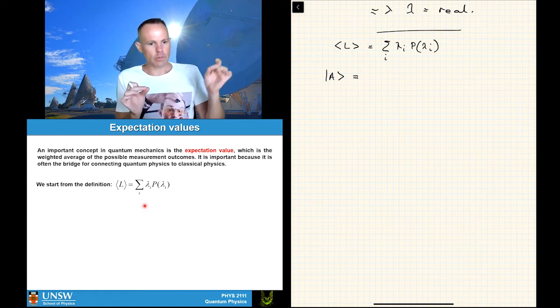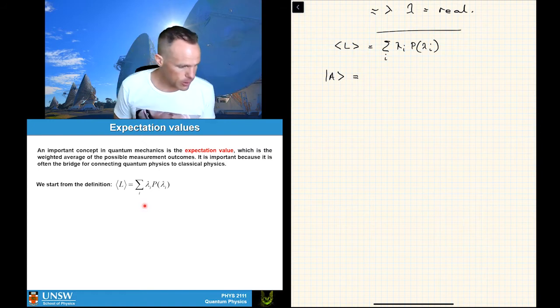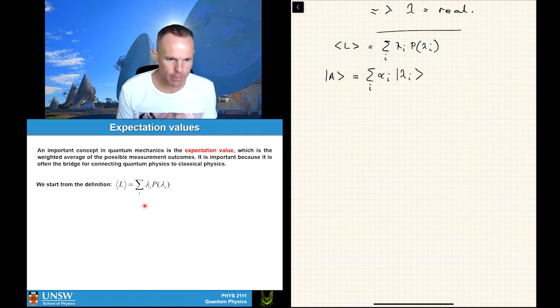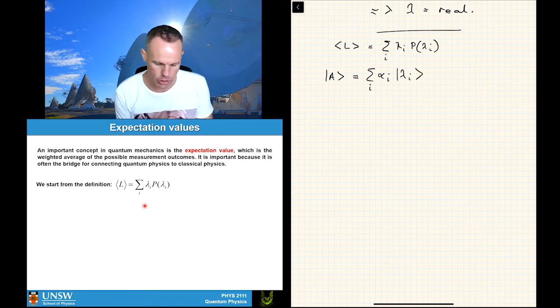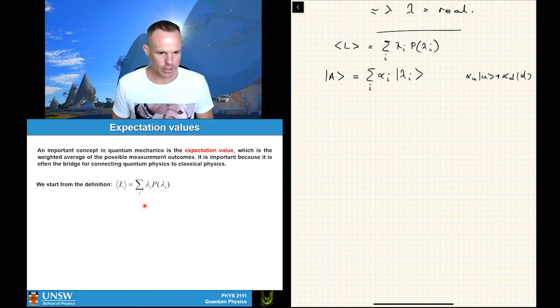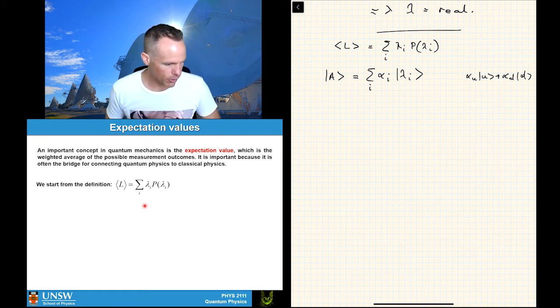And the possible outcomes are what we set our basis by, okay? So what we would be writing here is something that looks like the sum over i of alpha i lambda i, okay? And so if it was a 2 by 2 system, this would just be alpha up, up, plus alpha down, down. Okay, just so you can compare back to the earlier parts of the lecture. I'm just generalizing here. Do this quite a lot in physics.